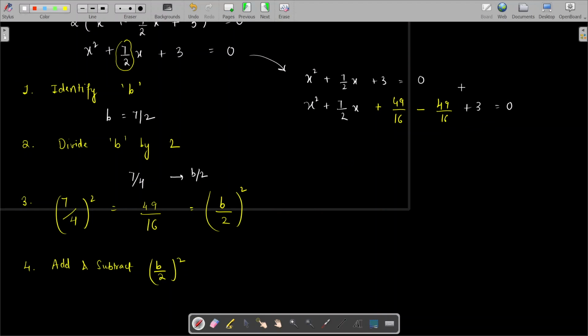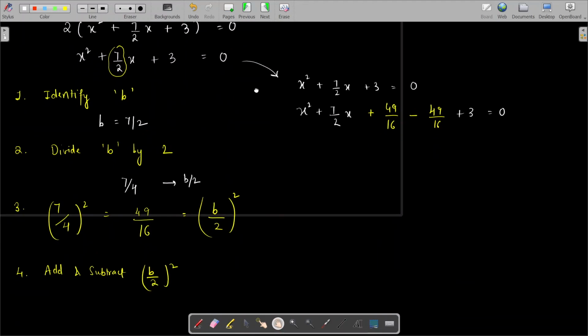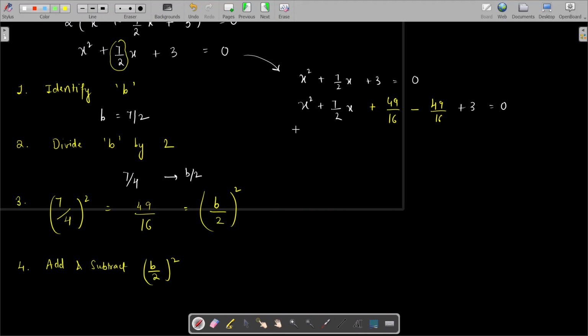Now why are we doing all of this, and why is this method called completing the square? Because we are going to use the first 3 terms of this equation to make a complete square. This is x squared plus 7 over 2 x plus, and you don't even need to find the complete square.